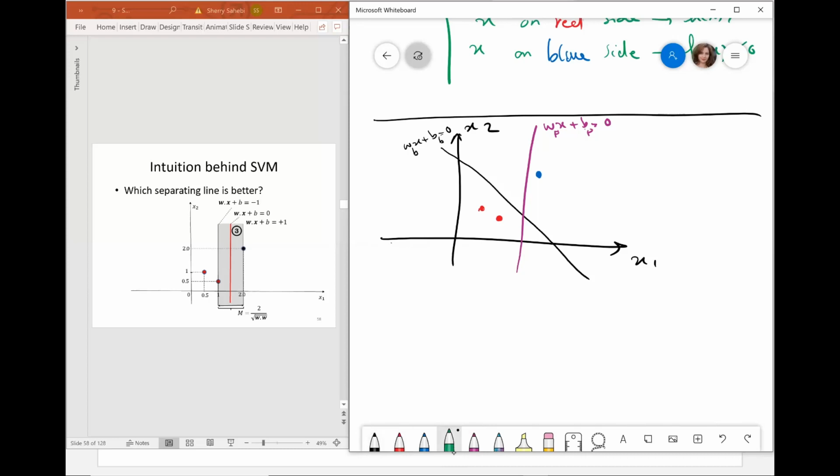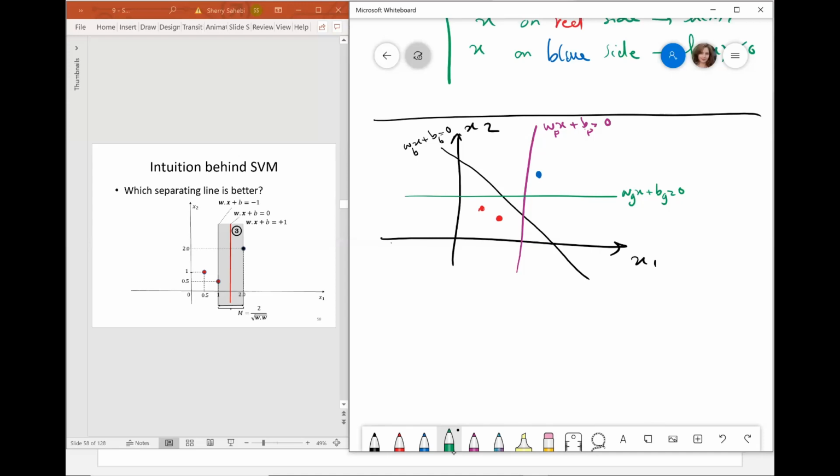Or I can have, for example, this line, w line green x plus b line green is equal to 0. All of these three lines are actually separating the two classes for me. So the difference is that they have different directions and different b's, right? So which one is a better separator of the two classes for me?